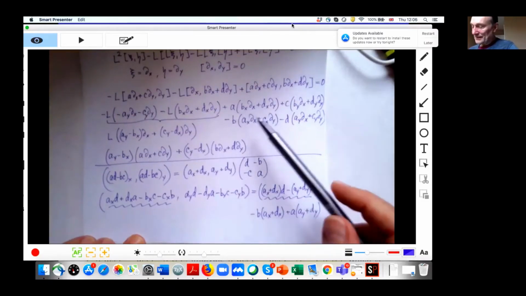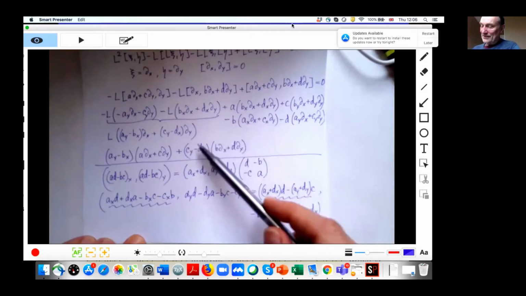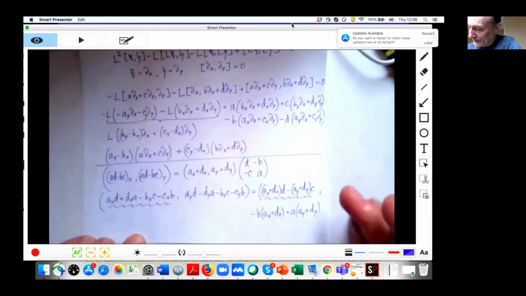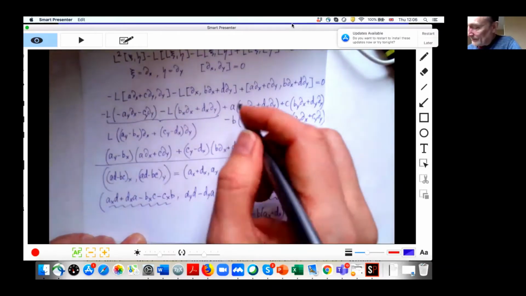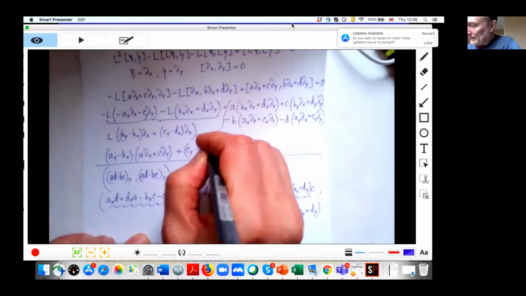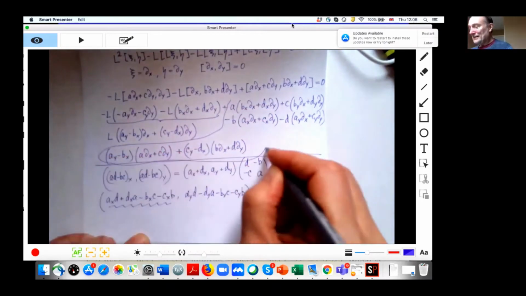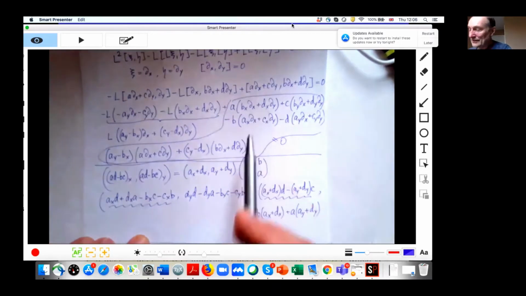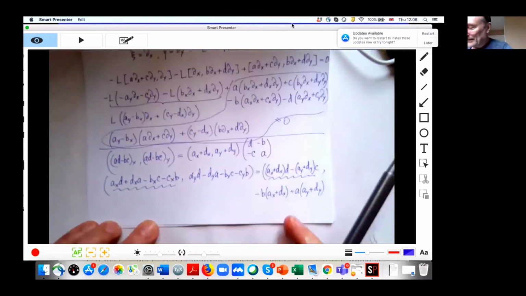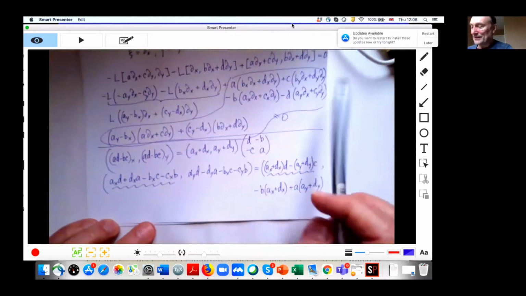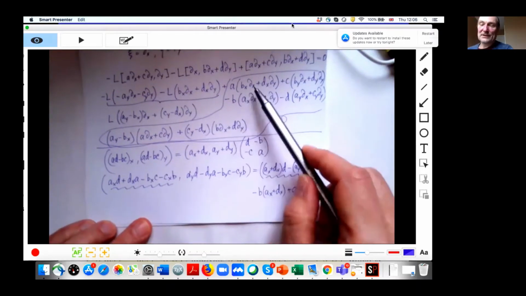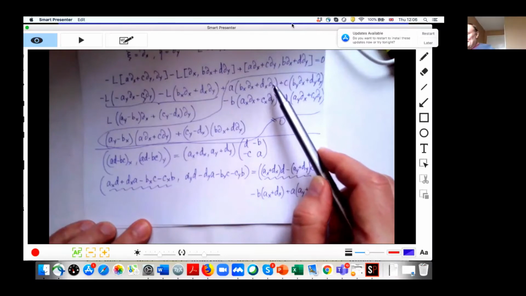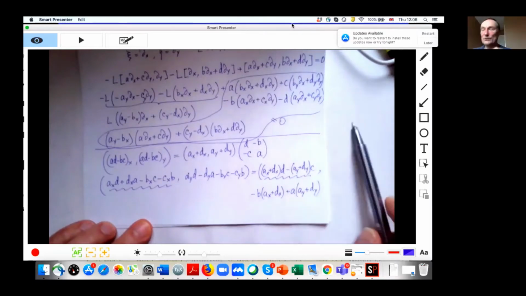So this expression is 0, right? So let me draw this. So this is 0. But this is a vector, and so what I should do is equate terms with dx and with dy, because dx and dy are basis vectors, and as a result, I will get again two equations.